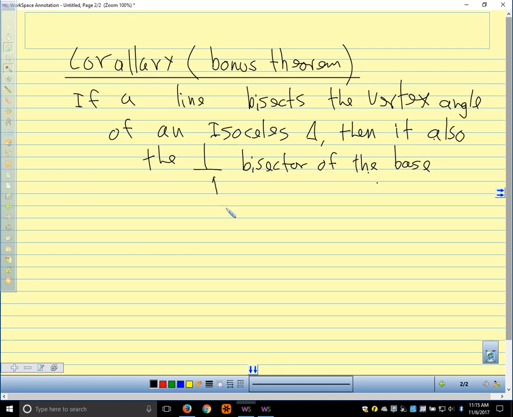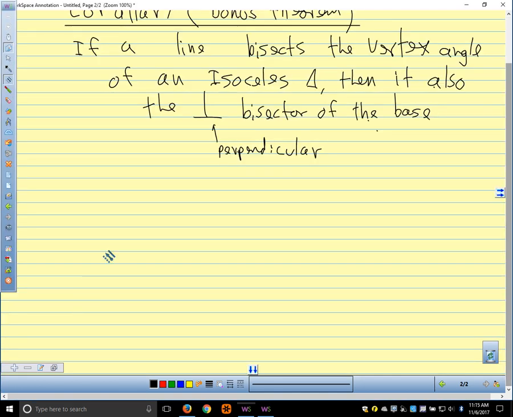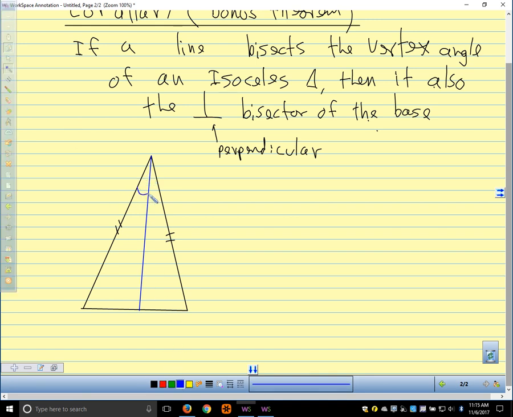And remember, the upside down T means perpendicular. And what we're saying in pictures is that if we have an isosceles triangle and we bisect this vertex angle, bisect means cut it in half, like so, well, this guarantees us that this angle is a 90-degree angle, and our base is bisected also.